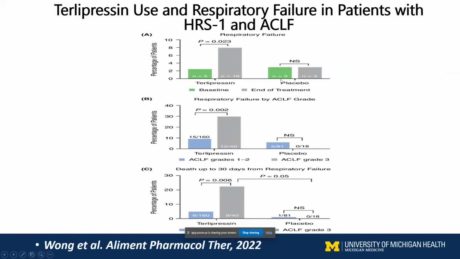However, in the placebo group, the respiratory failure was similar before as well as after. The patients with ACLF 3 had a higher incidence of respiratory failure compared to those with ACLF 1 and 2, and death from respiratory failure was also higher in patients with ACLF 3.